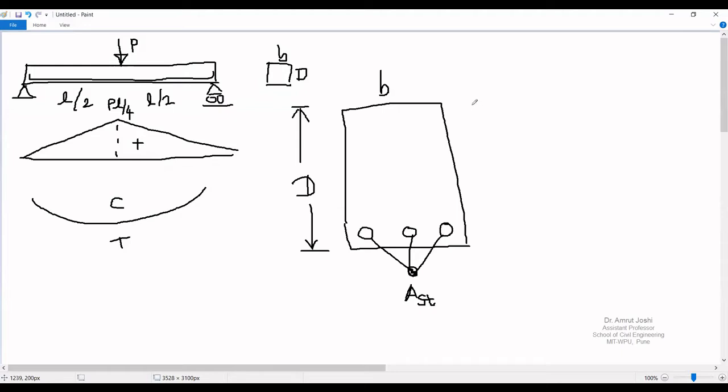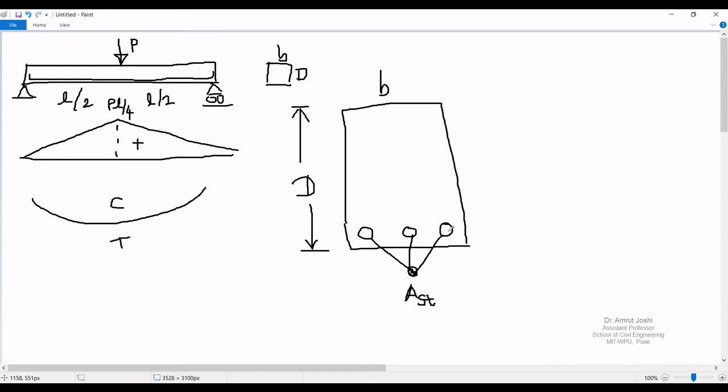We will now define certain terminologies. As this beam is sagging, all the portion of this beam above the neutral axis is going to be under compression, and all the portion of the beam below the neutral axis is going to be in tension. The distance of CG of AST, to be very precise, the centroid of AST.